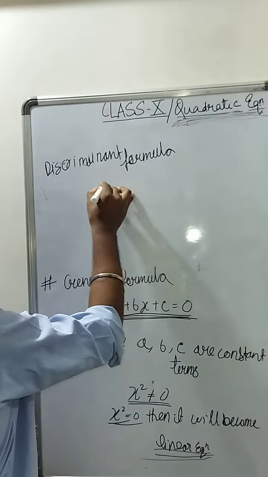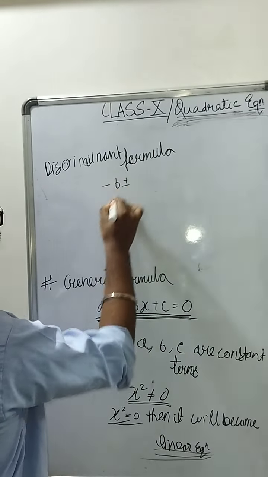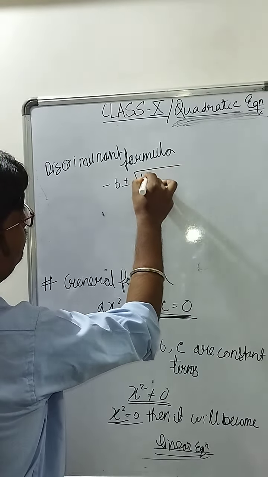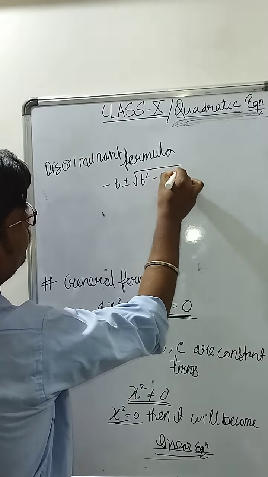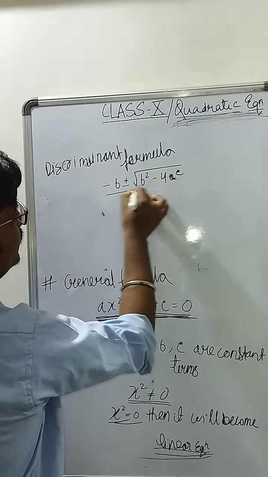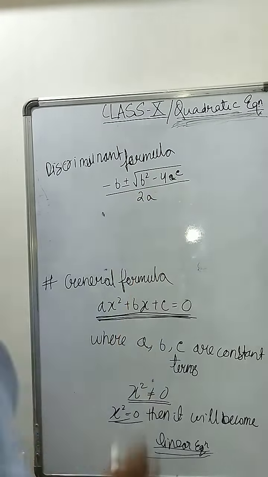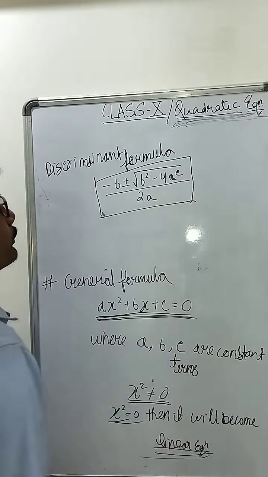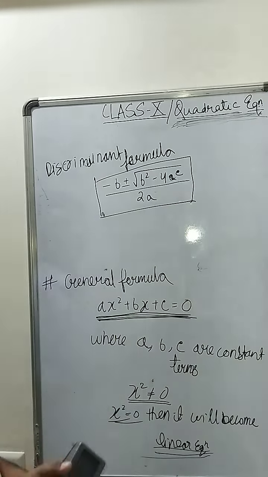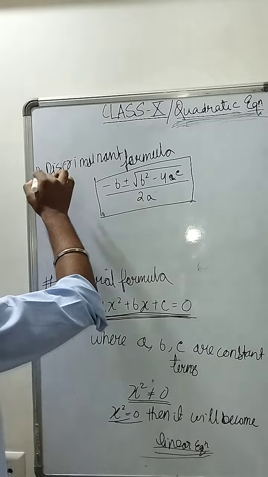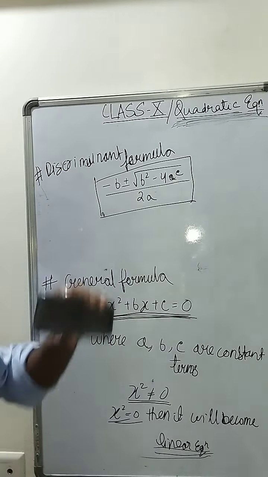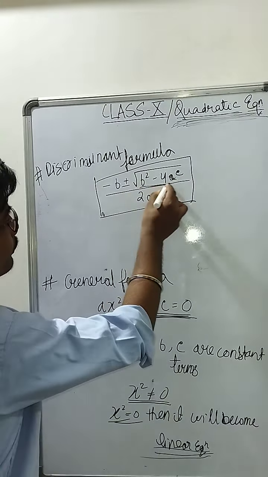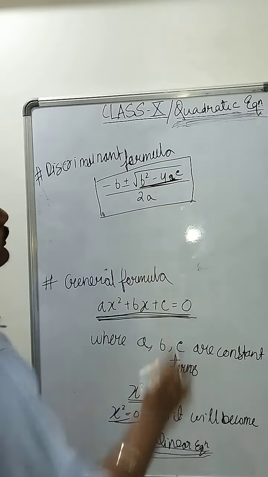So let's see the discriminant formula, that is x equals minus b plus minus root over b square minus 4ac, divided by 2a. This is the basic discriminant formula which we are going to learn in this chapter. And for this b square minus 4ac there are 3 conditions.